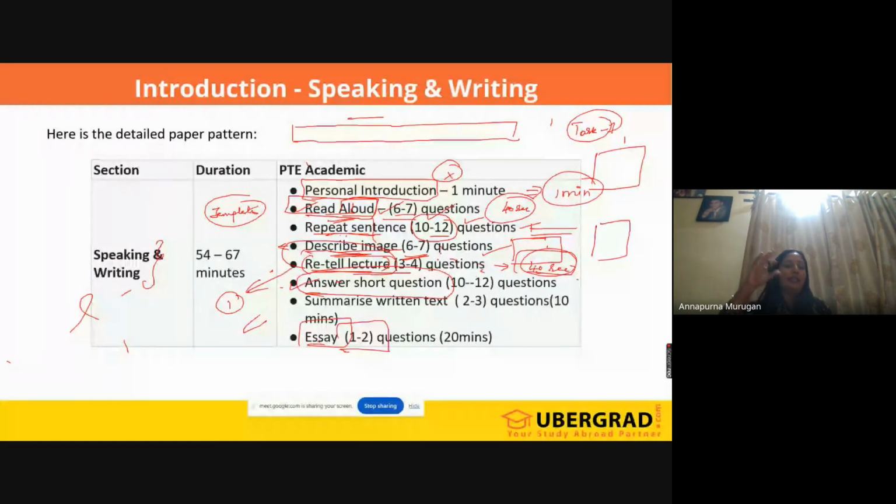When they lessen certain types of questions, they increase the essay numbers. This will be for 20 minutes, and these essay questions will be issue-based essay writing. It could be advantages, disadvantages, argumentative, explanative or descriptive. It could be any particular type of these questions.